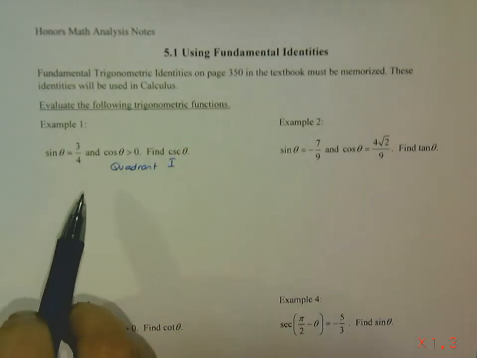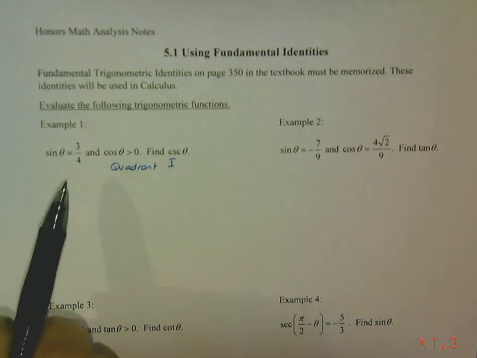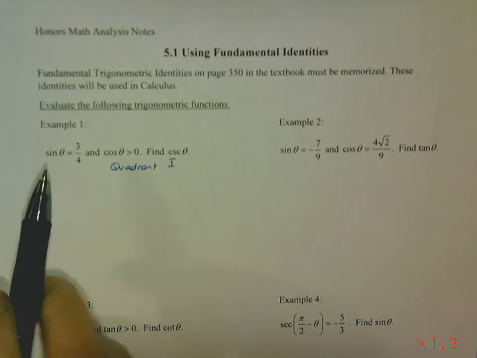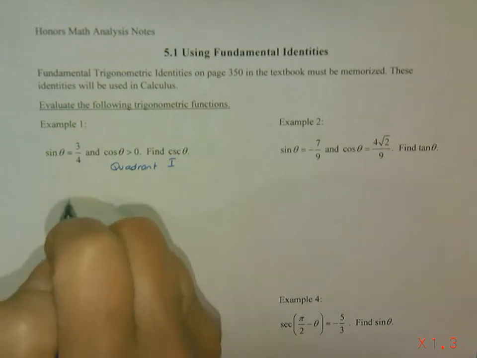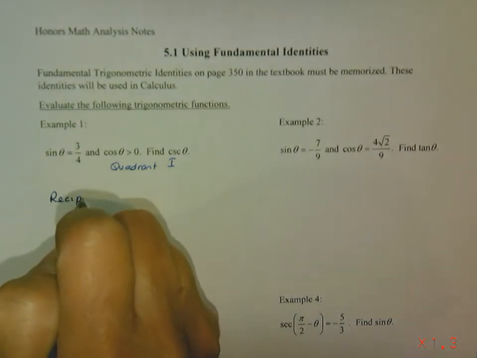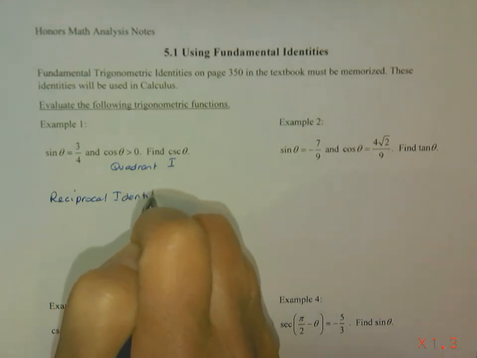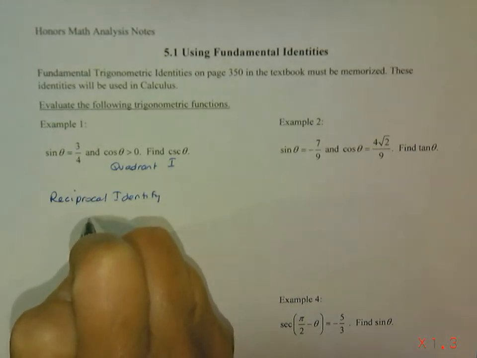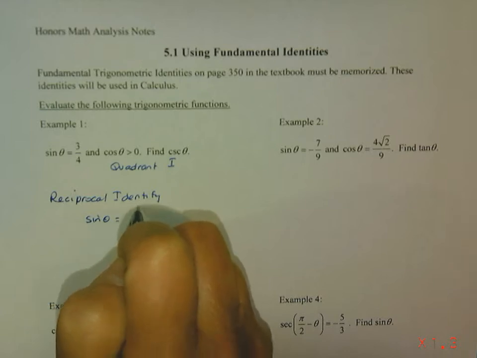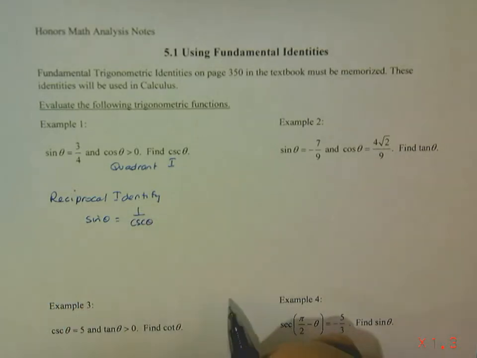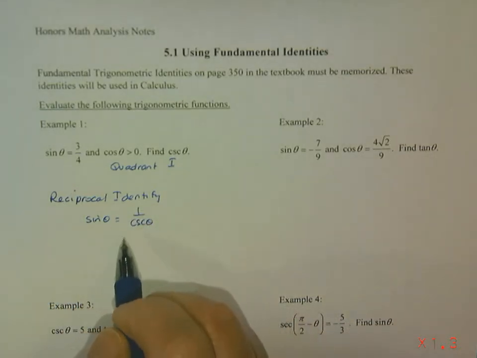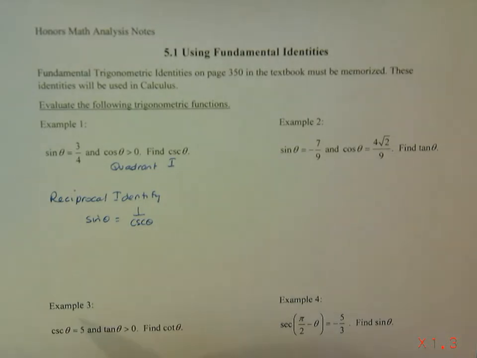So now I want to find cosecant of theta. So if the sine of theta equals 3/4, I know because of the reciprocal identity, sine of theta is equal to 1 over cosecant of theta. So cosecant of theta is equal to 1 over sine theta.